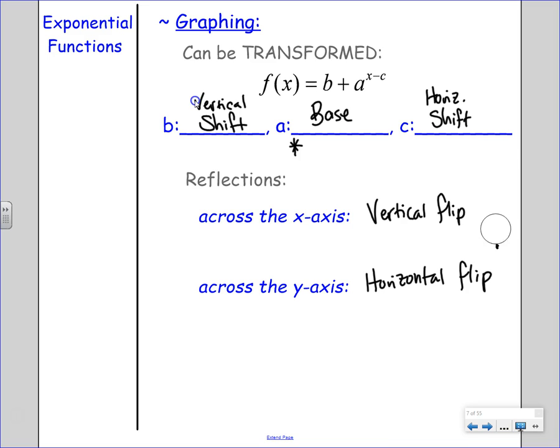Put the right axis. Let me give you a second. Get down what you need.